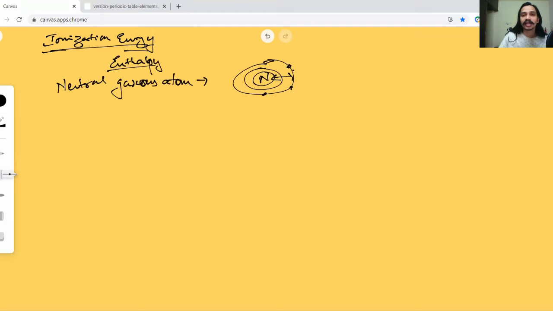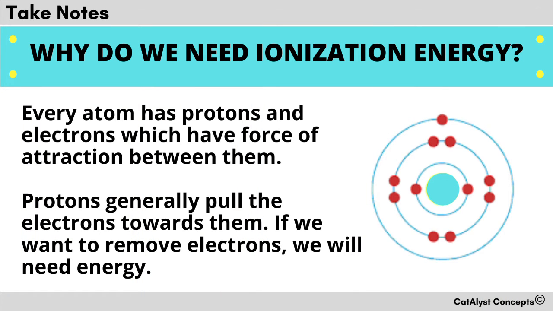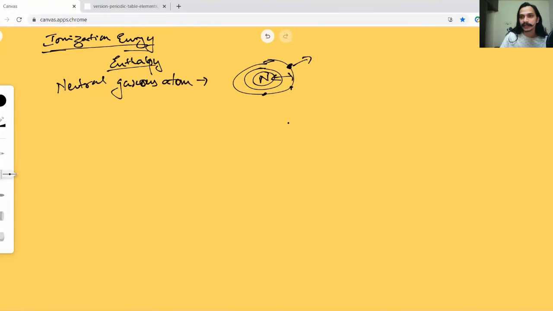So the energy that we need to use to remove this electron from the outermost shell of the atom will be called the ionization energy.